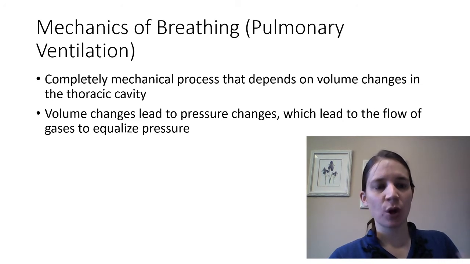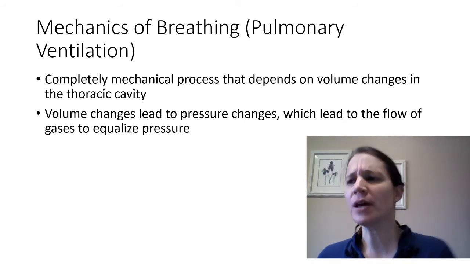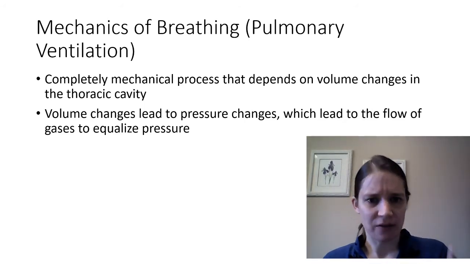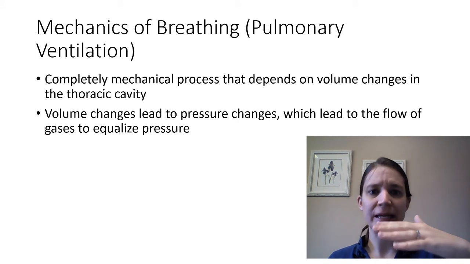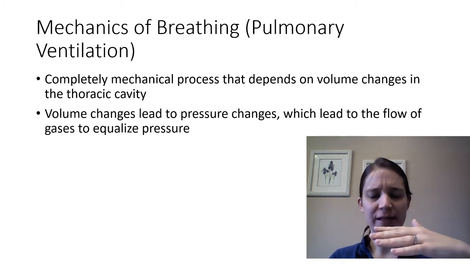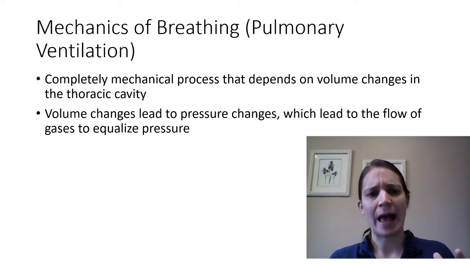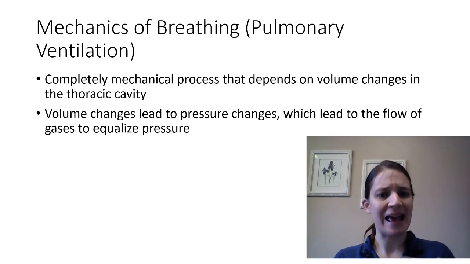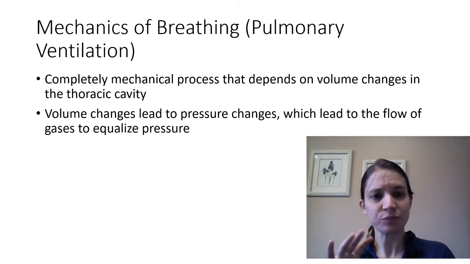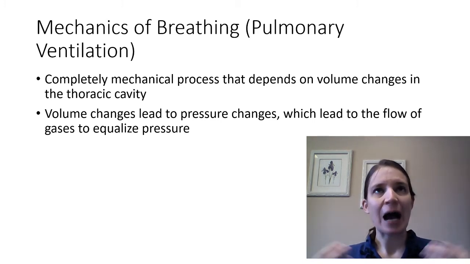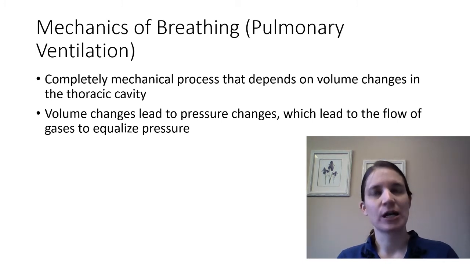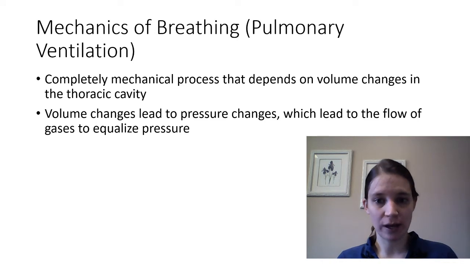When we look at the respiratory system, there's the tissue level stuff, right? You're needing to have gas exchange across membranes. You're needing to have bulk movement of air in and out, the whole bit. Where we are now is how do you get that bulk movement of air in and out of the lungs, right?